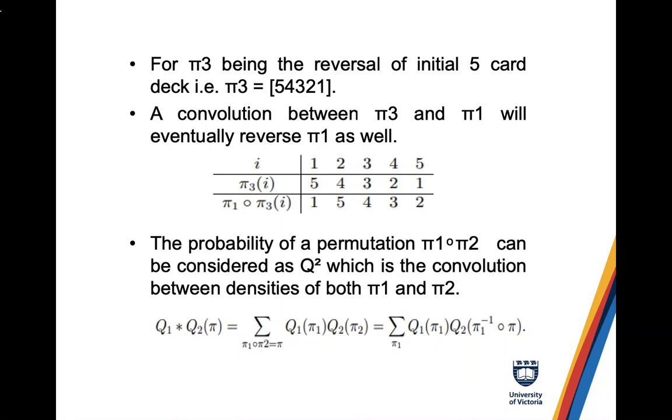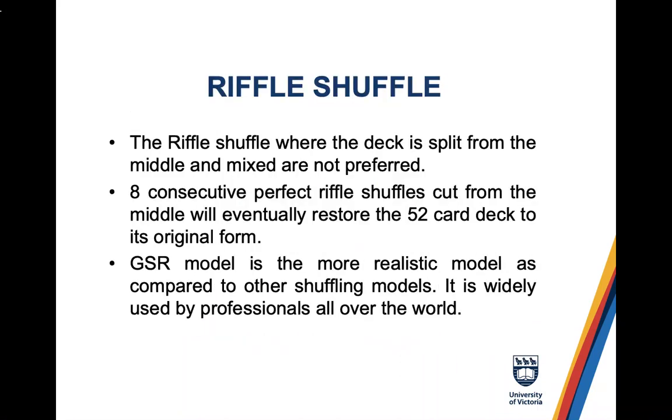So it will be 1, 5, 4, 3, 2. And then if I do a permutation and convolution between P1 and P2, I will get the formula Q1 times Q2 of P, which is the summation of Q1(P1) times Q2(P1 to the power of -1). Now I'm going to leave you with my friend Daksh, and he's going to explain riffle shuffles.